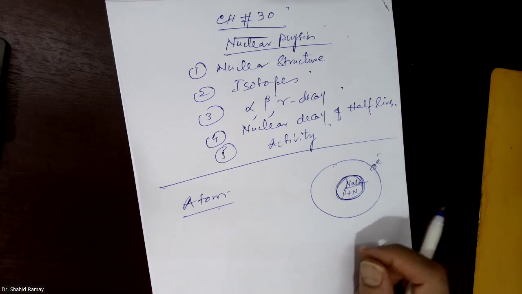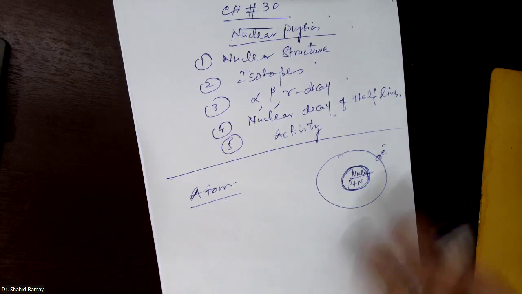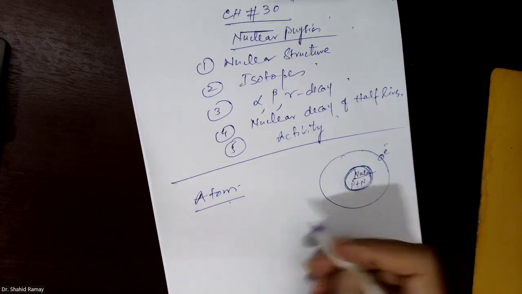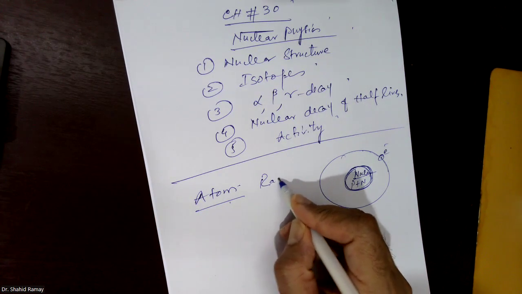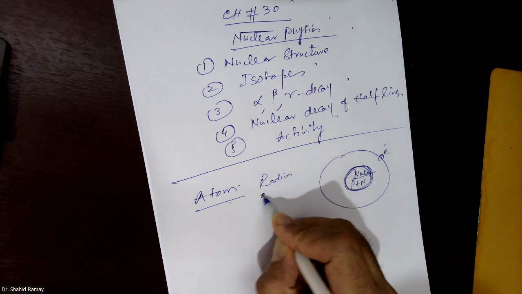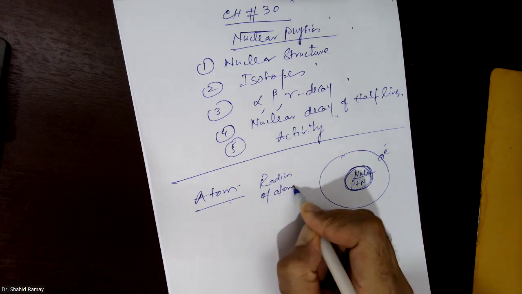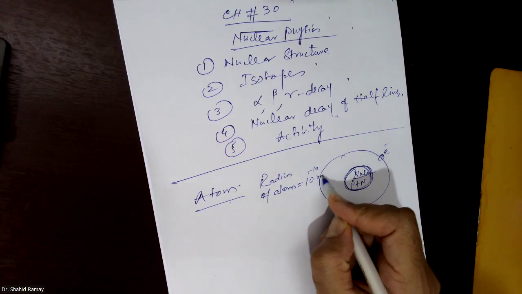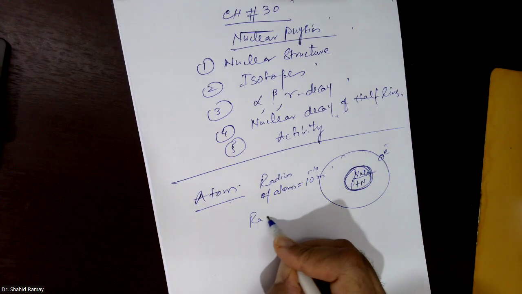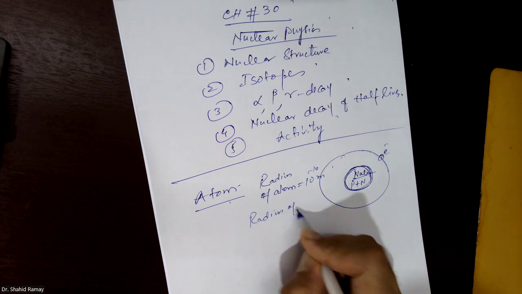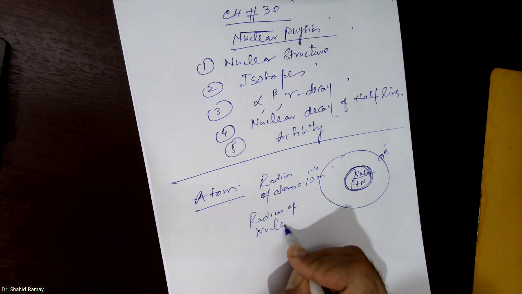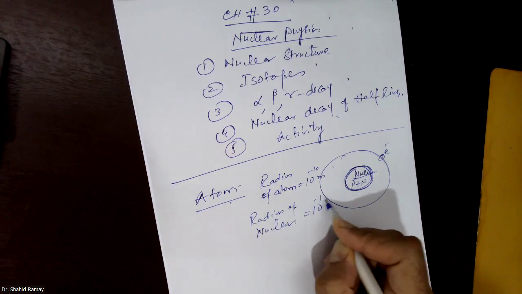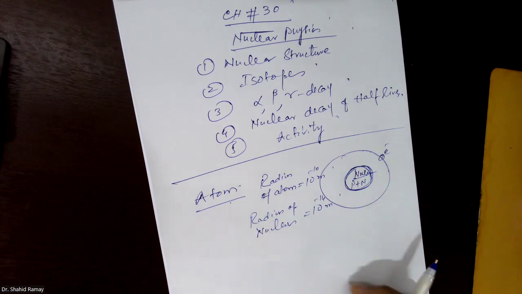The second thing you should remember is that the radius of an atom is equal to 10 raised to power minus 10 meter, and the radius of the nucleus is 10 raised to power minus 14 meter.